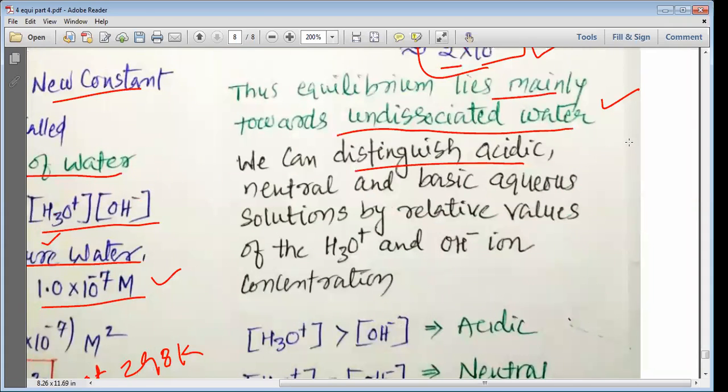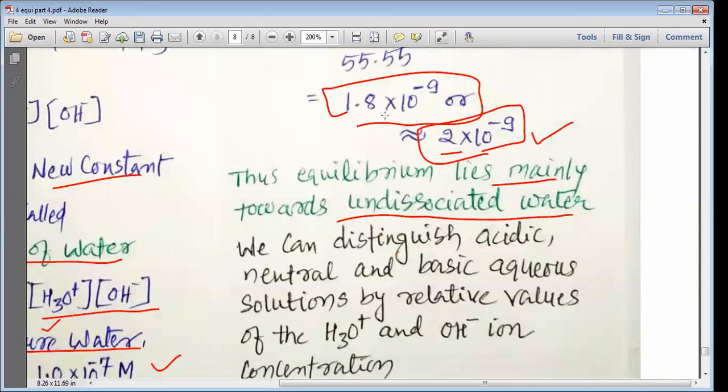But remember that most of the water remains undissociated. When it is calculated, we come to know that for 1 liter of water, hardly 1 point something or 2 into 10 to the power minus 9 mole per liter of water is being dissociated.